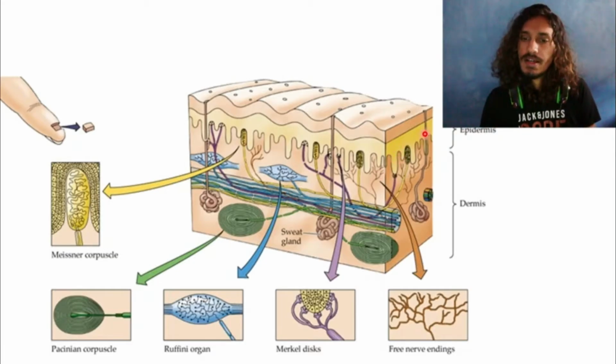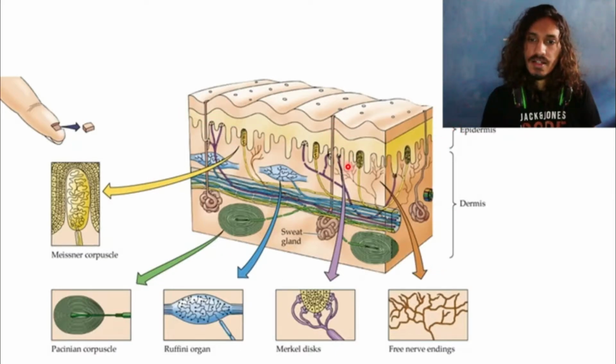You can see the skin over here. We have the epidermis, and below this we have the dermis. The Merkel's disc is in the basal layer of the epidermis.